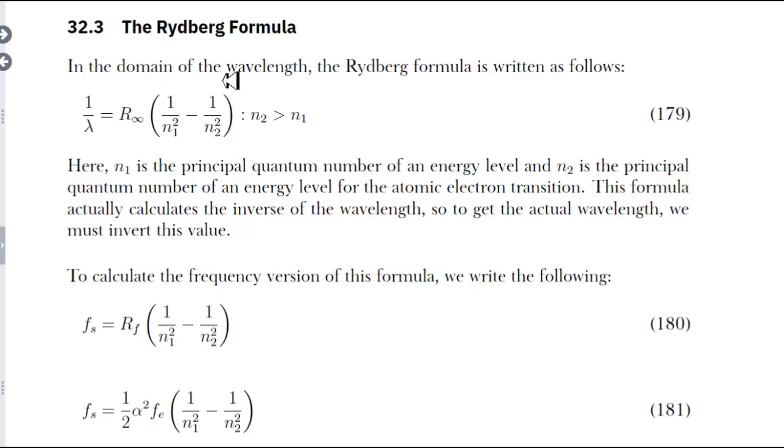In the domain of wavelength, the Rydberg formula is written as follows. 1 over lambda, so 1 over wavelength, is equal to the Rydberg constant times 1 over n1 squared minus 1 over n2 squared. Here n1 is the principal quantum number of an energy level, and n2 is the principal quantum number of an energy level for an atomic transition.